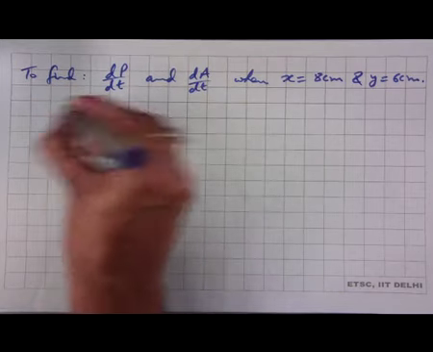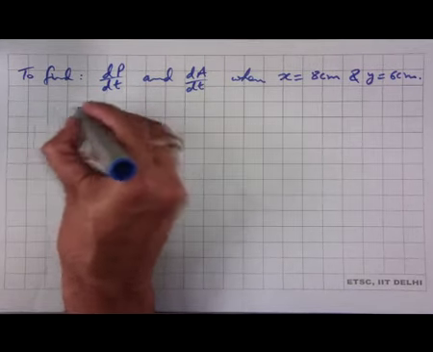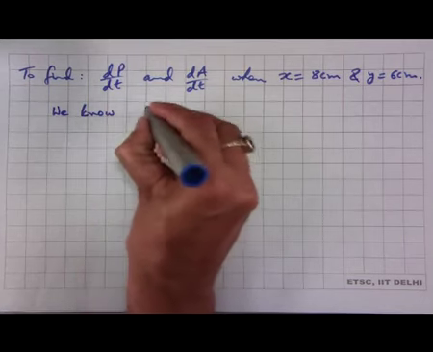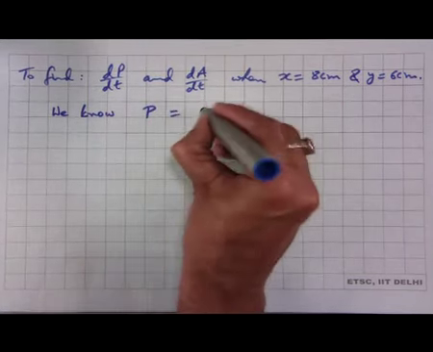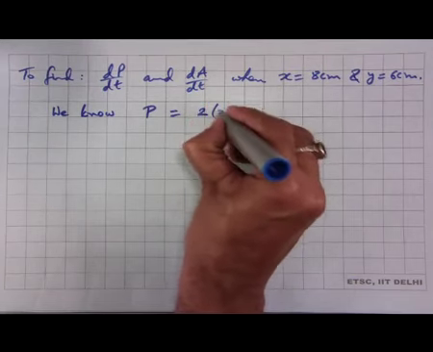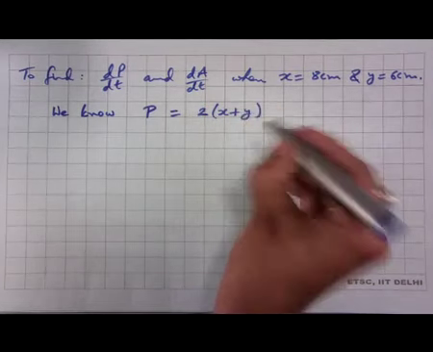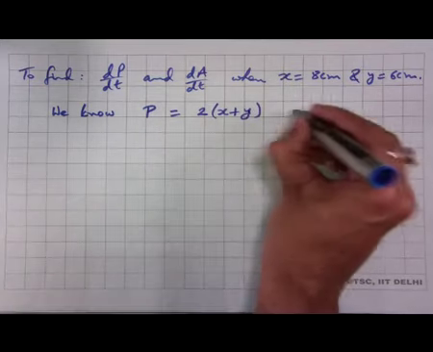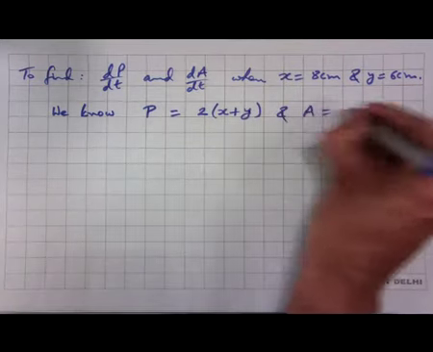So, what we know is that the perimeter is equal to 2 times (x plus y), 2 times the length plus width, and area is x times y.